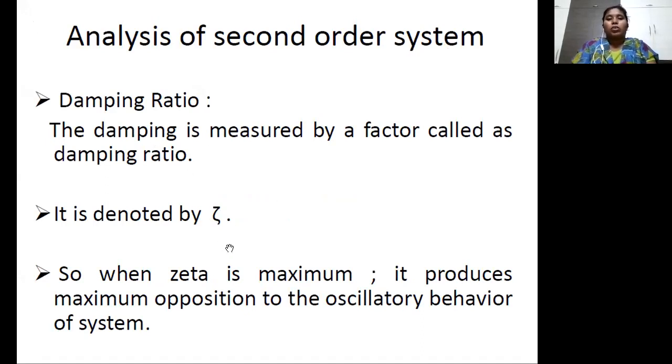The damping is measured by a factor called the damping ratio, represented by the letter zeta. When zeta is maximum, it produces the maximum opposition to oscillatory behavior of the system.